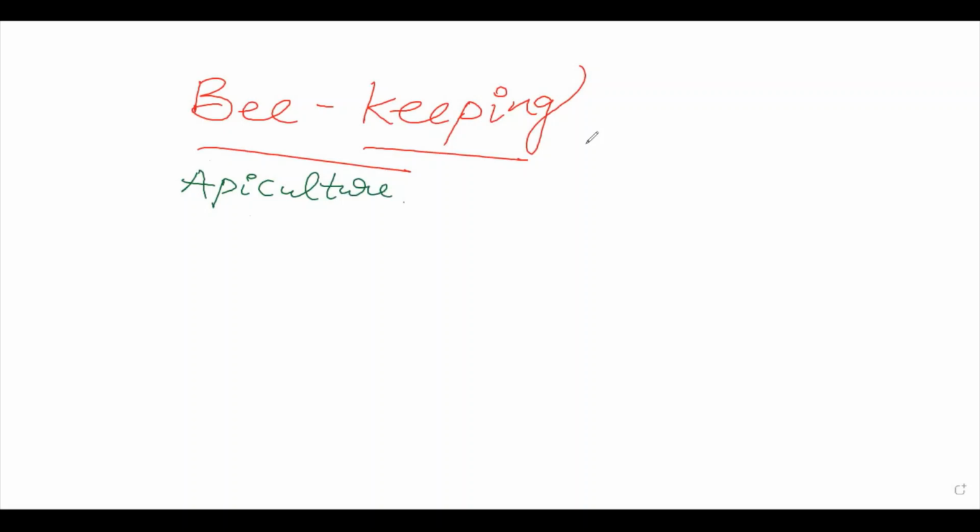In this, we are rearing insects that are economically important. The economically important honeybees. Honeybees are economically important insects.